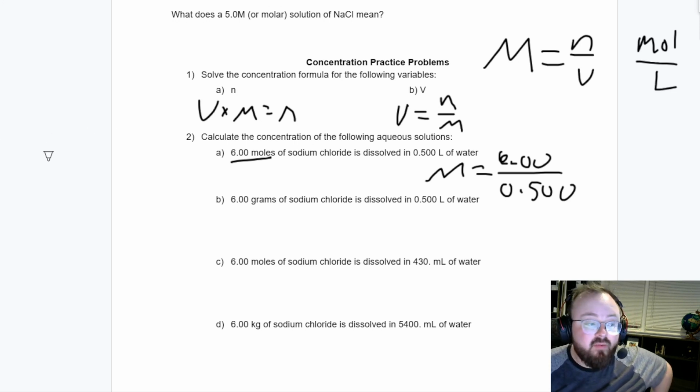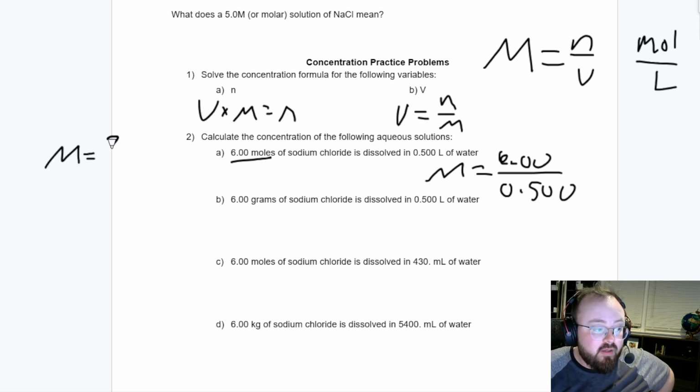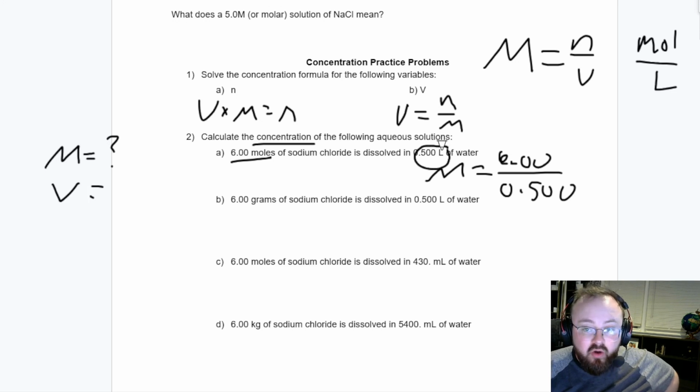Keep track of your variables. M, well, that's what I don't know, because that's what we're trying to find. I'm telling you that V, that's my liters. You need to know that liters measures water, or volume, excuse me. I'm not telling you it's dissolved in a volume of 0.500 liters. You have to know that a liter measures volume. It's just kind of there.